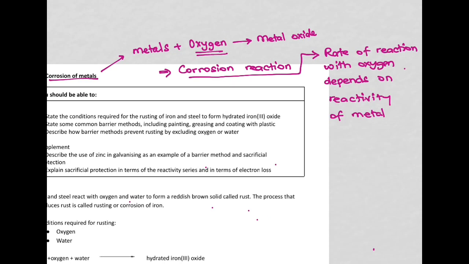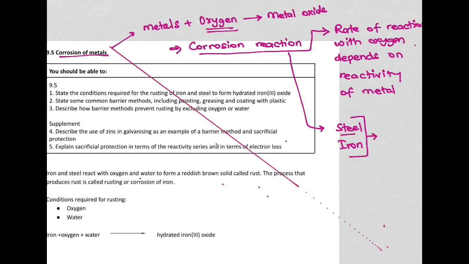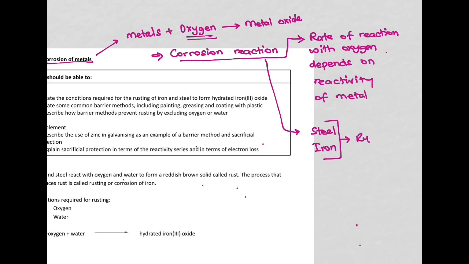Now we are more concerned with corrosion of iron. Objects that are made of steel and iron undergo corrosion, and steel is an alloy. For these particular materials, corrosion is called rusting.